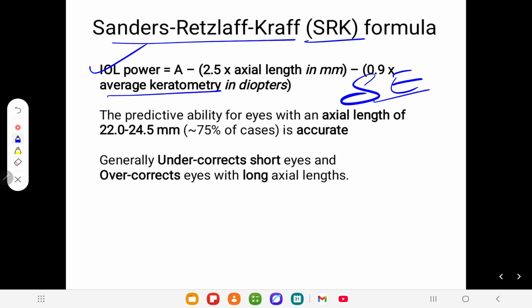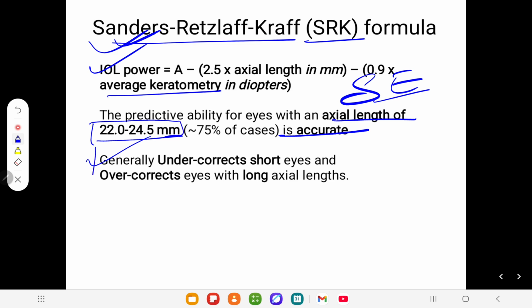The predictive ability of the formula in eyes with an axial length of 22 to 24.5 is accurate in 75% of cases. Generally, it undercorrects short eyes and overcorrects eyes with a long axial length. If the SRK formula is used, it's better to use it for axial lengths of 22 to 24.